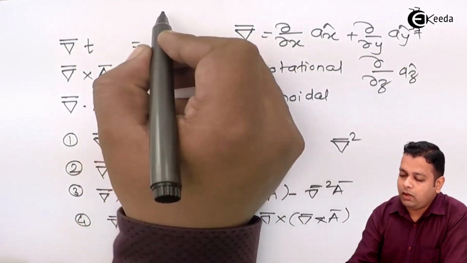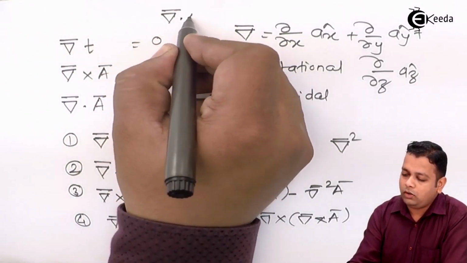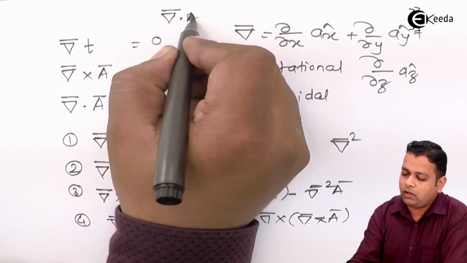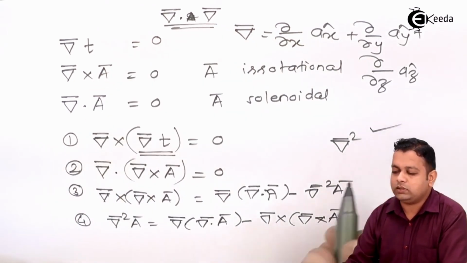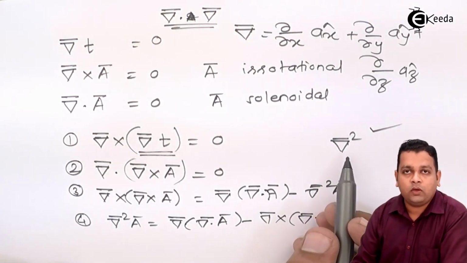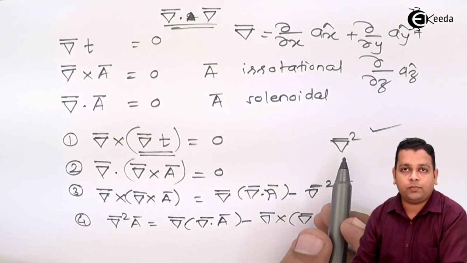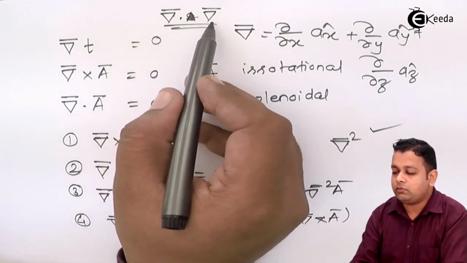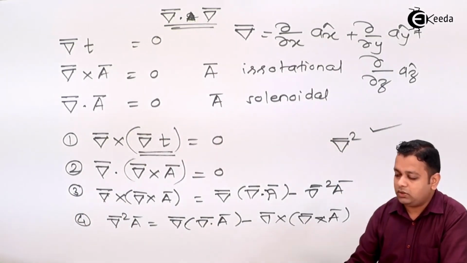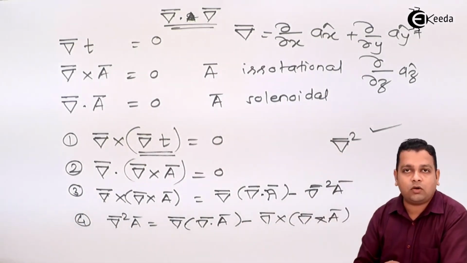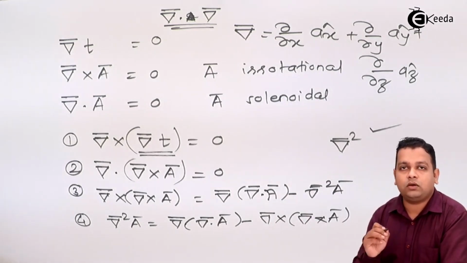When the del bar dot of del bar is taken, at that time we get this operator del square, which is called the Laplacian operator, and by taking the dot product the unit vectors will be removed from it. So del square gives us a scalar operator. It is a second order differential operator.